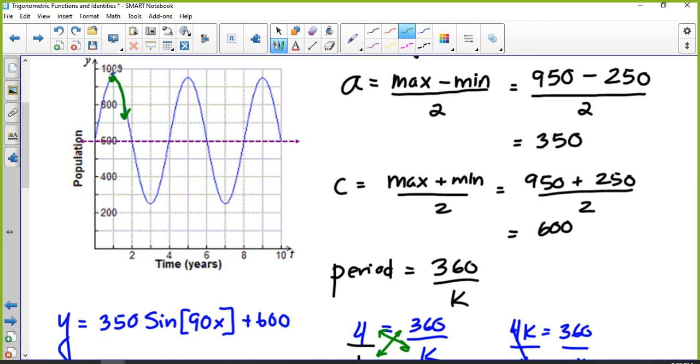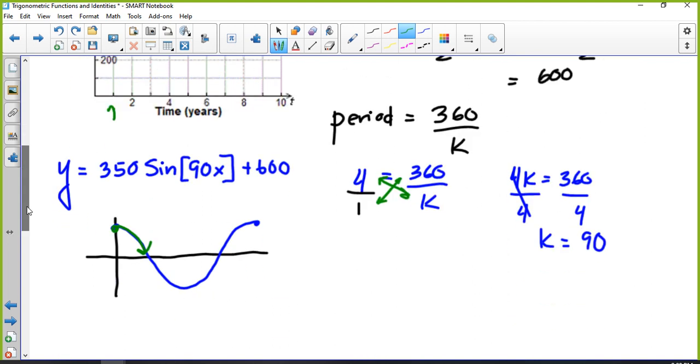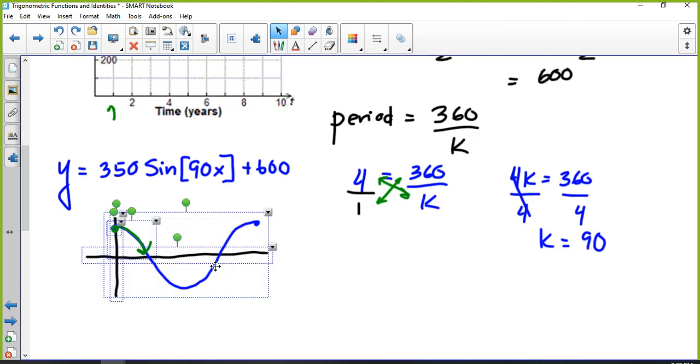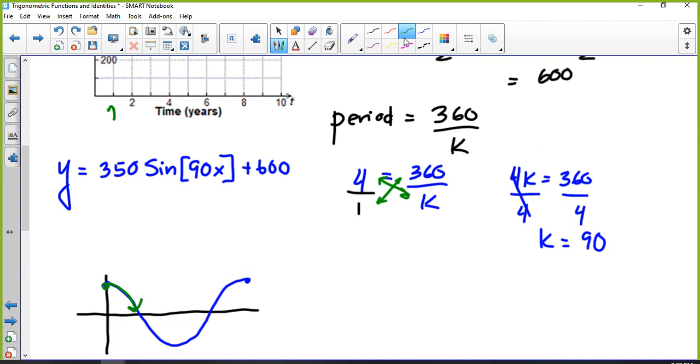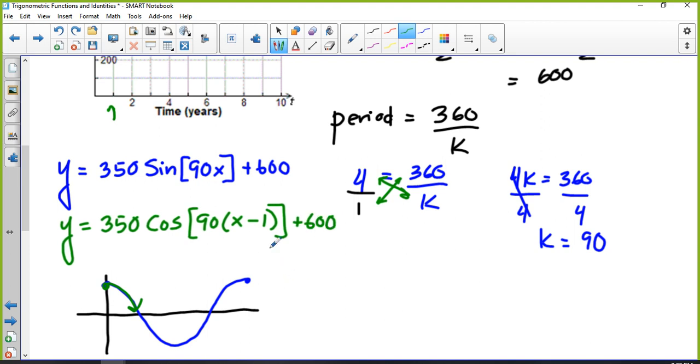This point represents a phase shift of 1 unit to the right. So another possible function, a cosine function, would be y equals 350 cos of 90 times (x minus 1), plus 600. Both of these equations represent the exact same curve.